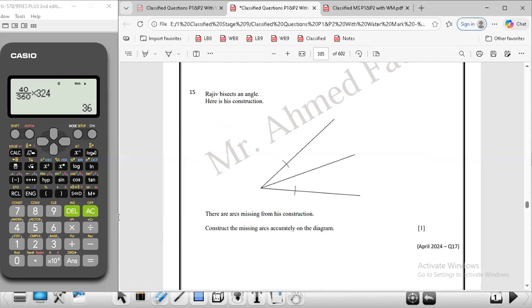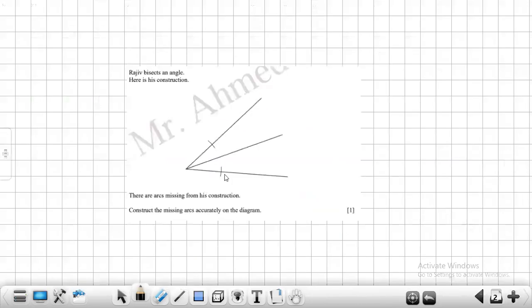Rajiv bisects an angle. Here is his construction. Let's go to this question over here. There are arcs that are missing from his construction. Construct the missing arcs accurately on the diagram. If you remember how to bisect an angle, you must know how to do this. If you do not remember, if you did not study it, it is explained to you in a video that is given to you in the form of a QR code in the notes book.